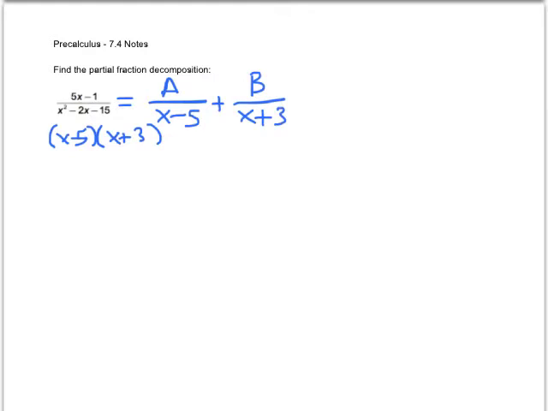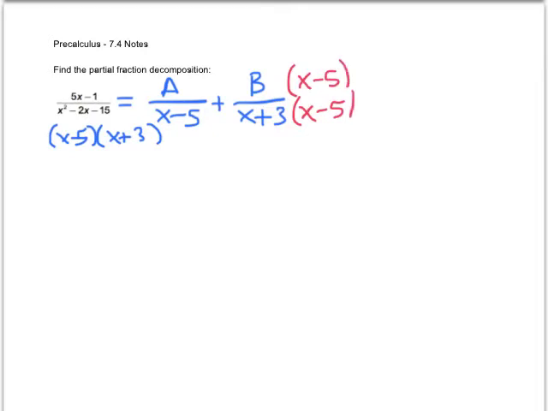Well, what we want to do is basically clear out our fraction. If we're working with equality, we're saying that these two things have to be equal. And if those two things have to be equal, I just want to look at the numerators only. So I'm going to combine this side so that my denominator down here matches my denominator over here. And when I do that, I have to multiply this side by x minus 5.